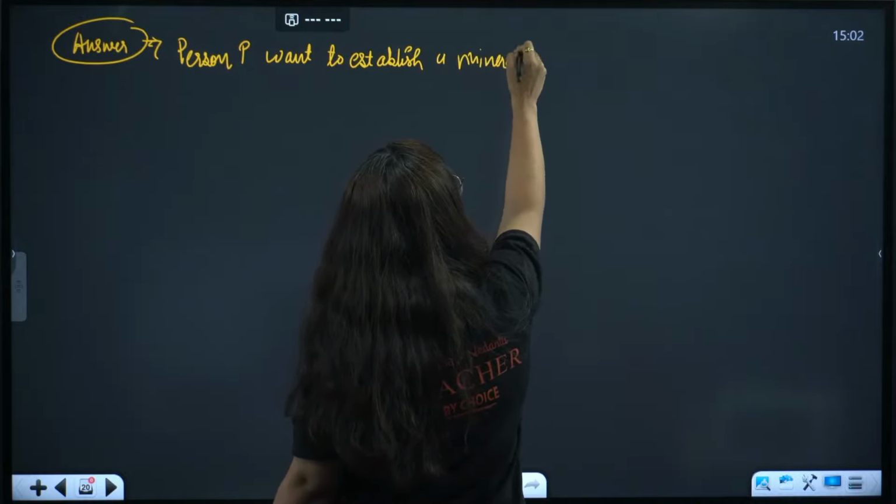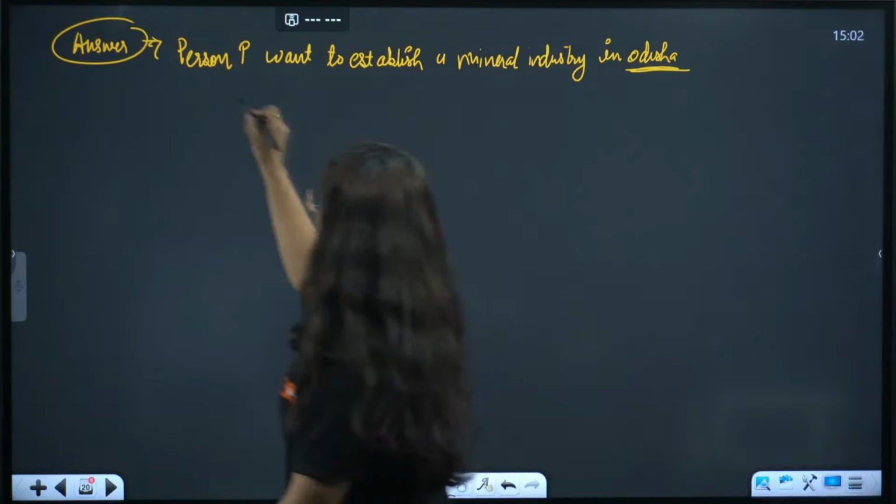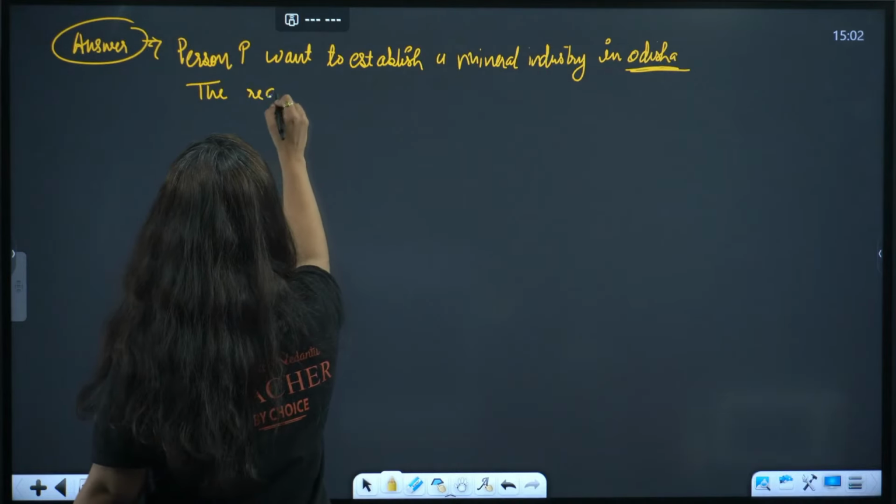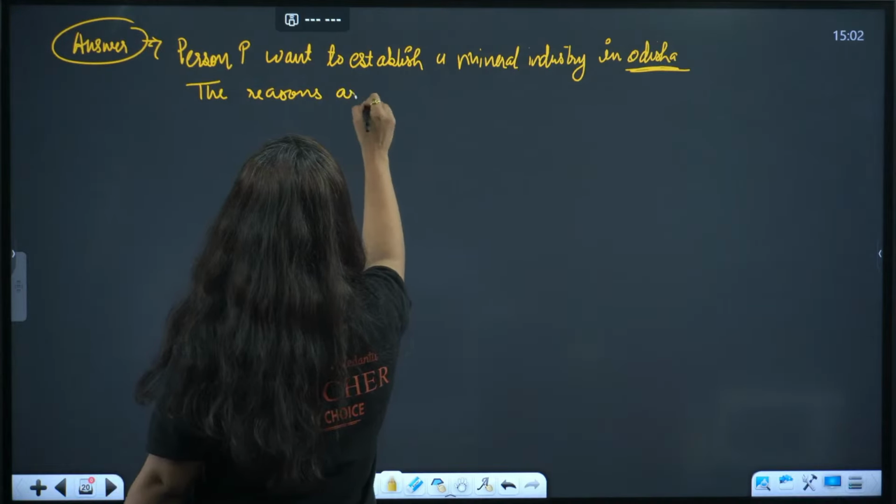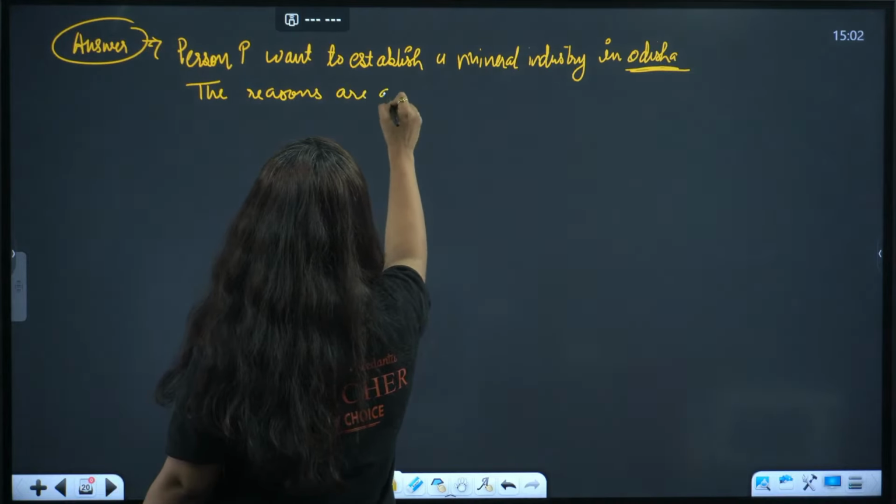So in Odisha. Okay, what are the reasons that person is advised to do so in Odisha? So the reasons are as follows. Achha, anyone out there in the comment section who is going to tell me the reasons?